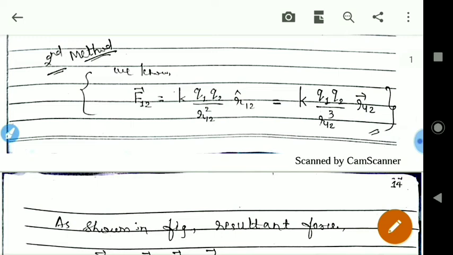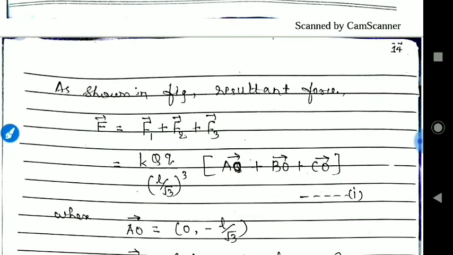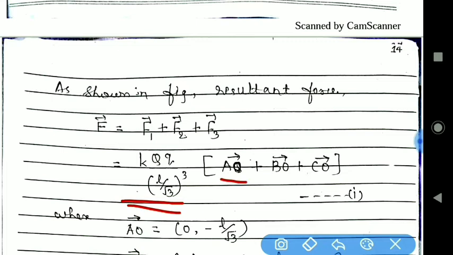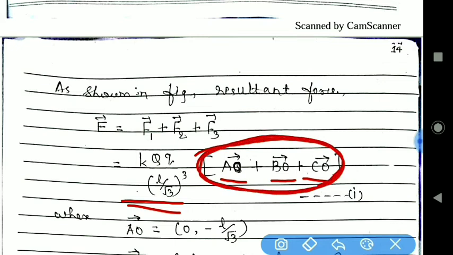So here the magnitude is taken out, but the directions are different. So the vectors which we have used for direction are taken here as a summation. You can see here the directions AO, BO and CO, which are the directions for these three forces F1, F2 and F3.